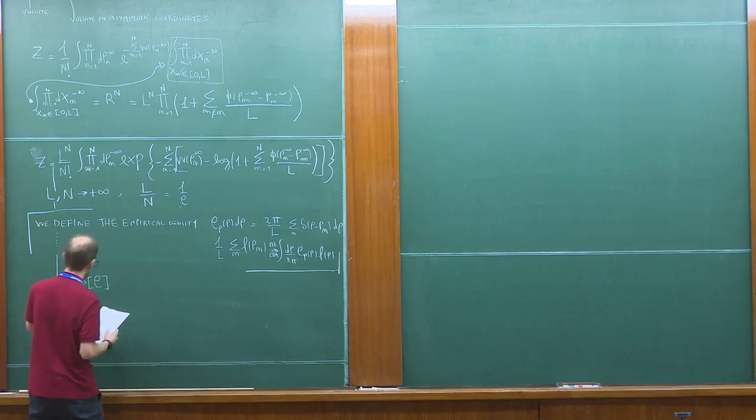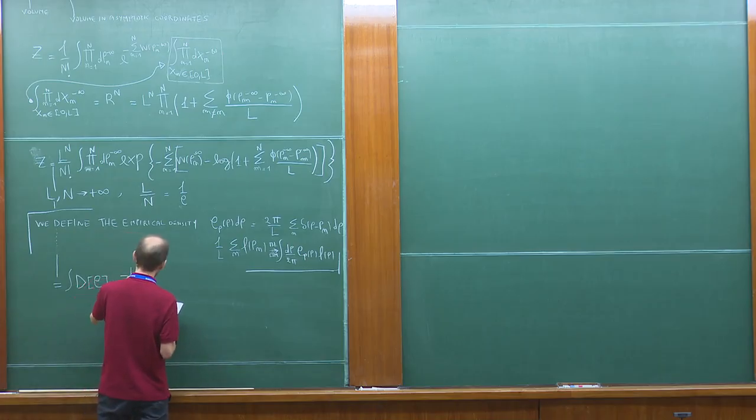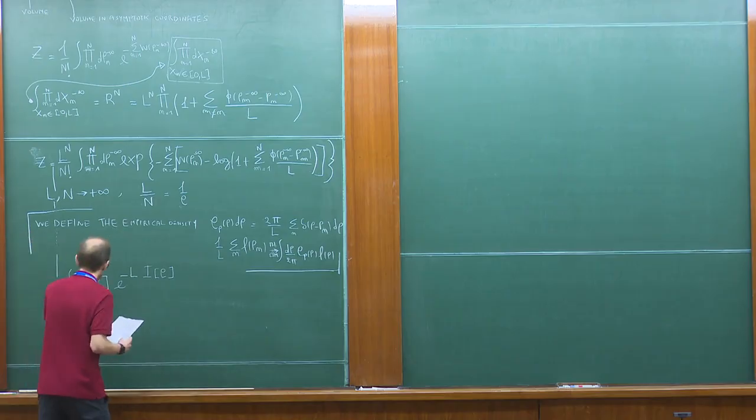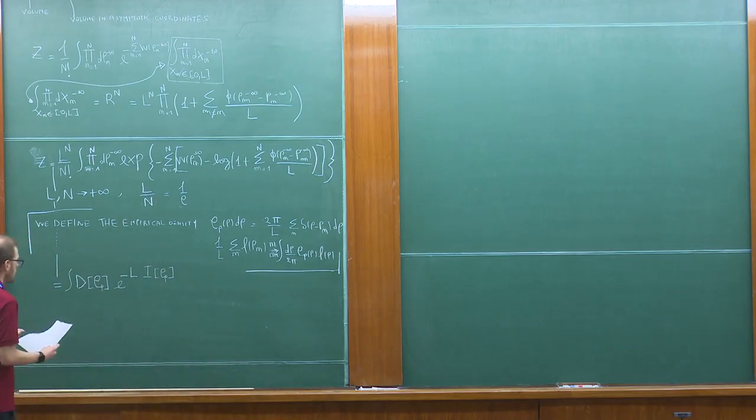So I write it with the functional measure, which is the capital D. And then it's the exponential of minus the volume L, which is taken to be very large, times a functional of rho of P. I'm already forgetting the subscript. And now I write the functional to be complete.